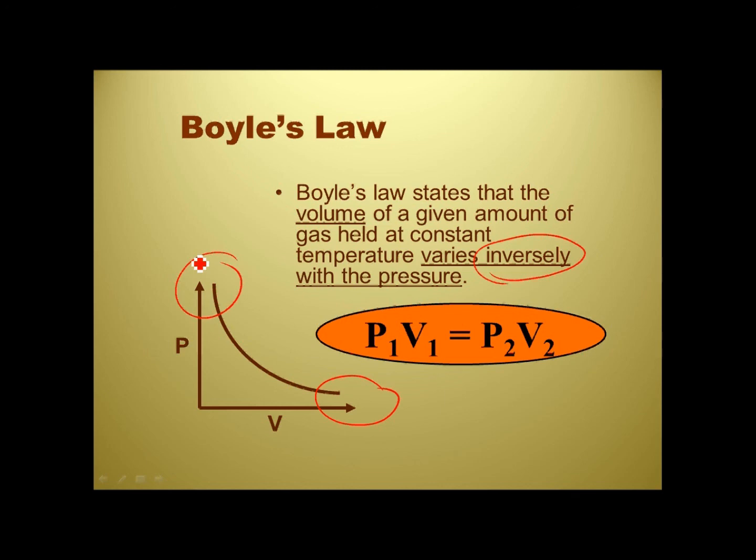An asymptote on a graph is this idea that the curve is going to get closer and closer to that axis, but it is never actually going to touch that axis, which means that the pressure can never actually be zero, no matter how big the volume gets. On the other side, the volume can get bigger and bigger, but the pressure will never actually reach zero. It can get closer, but it's never going to reach zero.